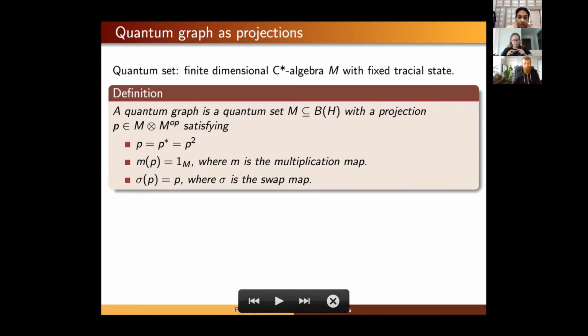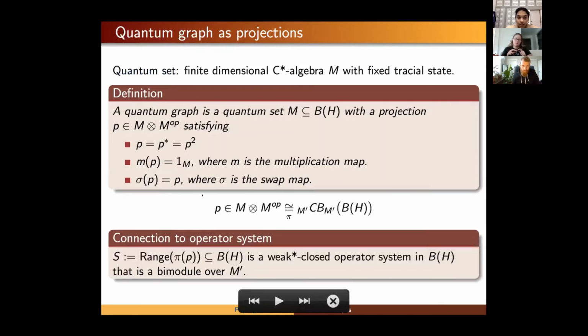This P is basically a self-adjoint idempotent that satisfies reflexivity and symmetry conditions. Reflexivity means that if you multiply the two components in the tensor product, you get the unit element in M. And symmetry means that if you swap the two tensor components, then you get back the same projection. And then you can again translate this definition back to the operator system perspective using a suitable identification.